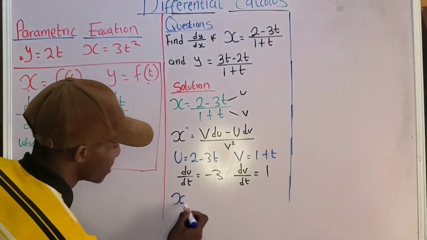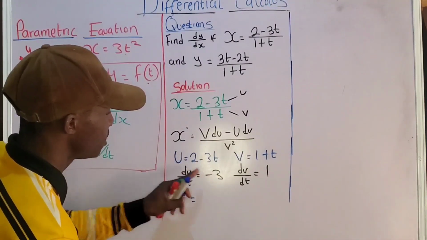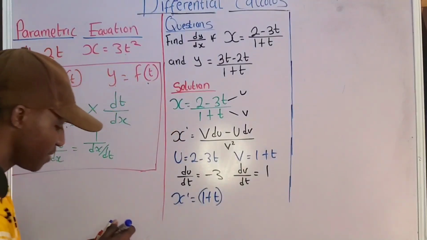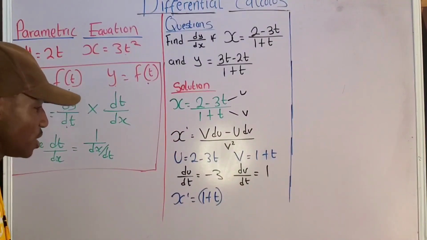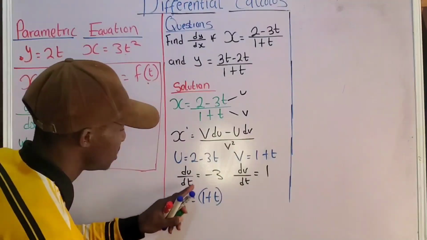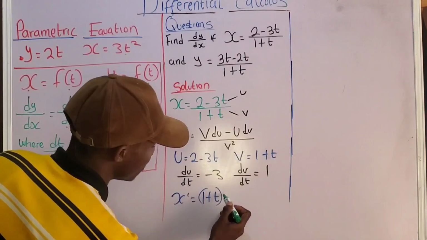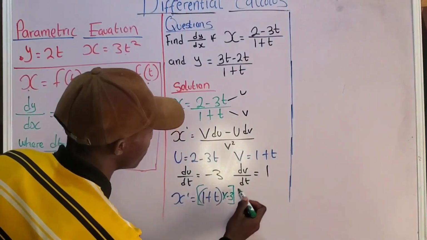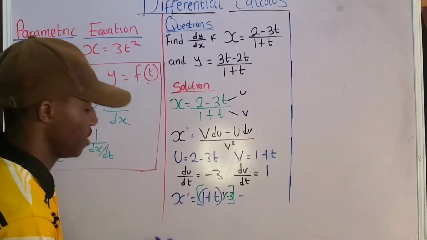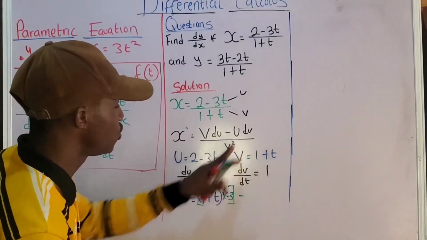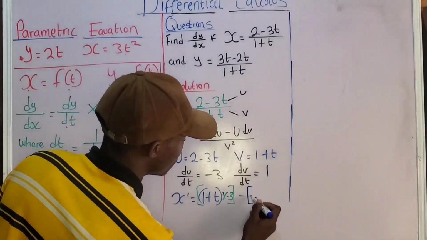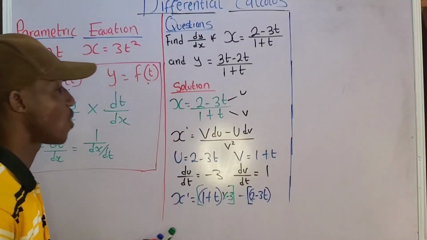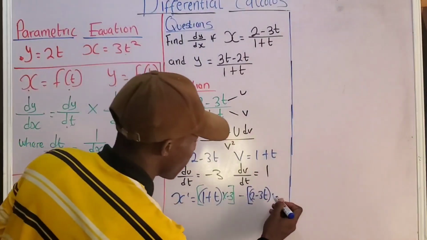So the derivative of x is equal to v, which is (1 plus t), multiplied by the derivative of u, du/dt, that is negative 3, so times (negative 3), put it in bracket, minus u, which is (2 minus 3t), multiplied by the derivative of v, which is 1, times 1.